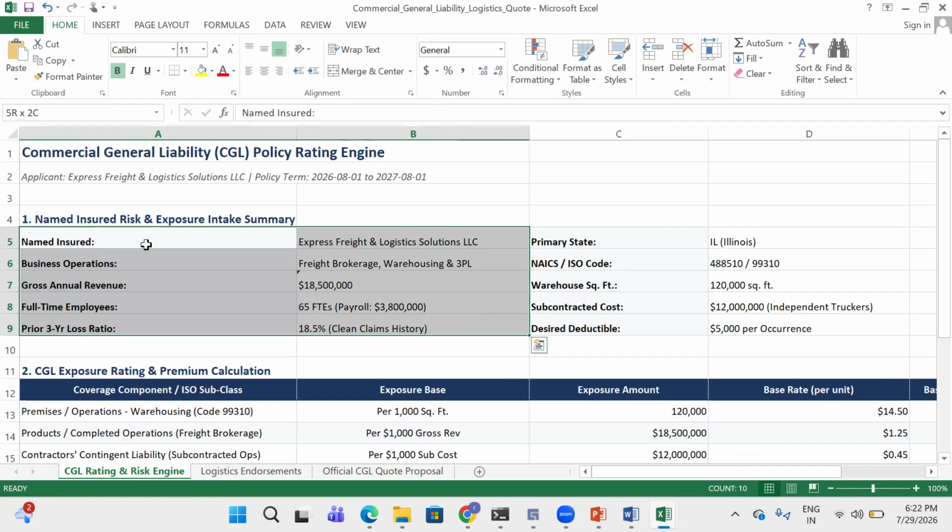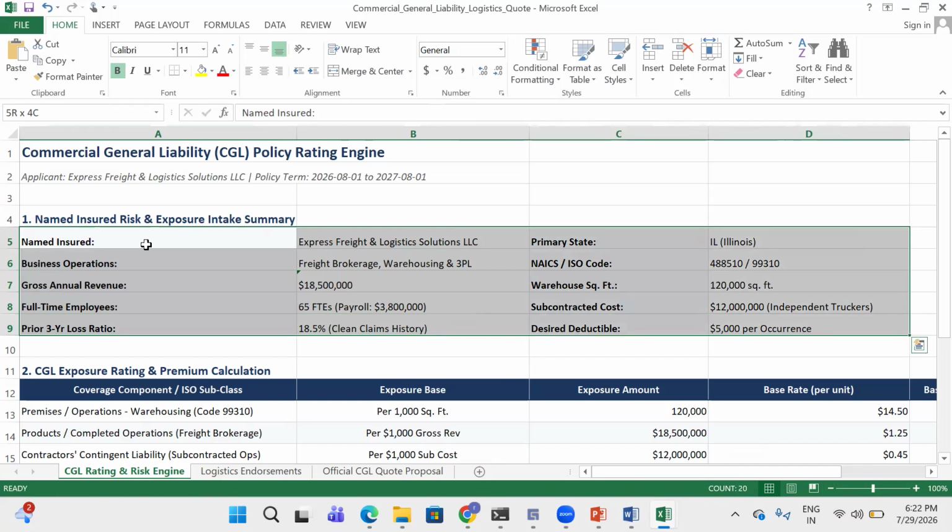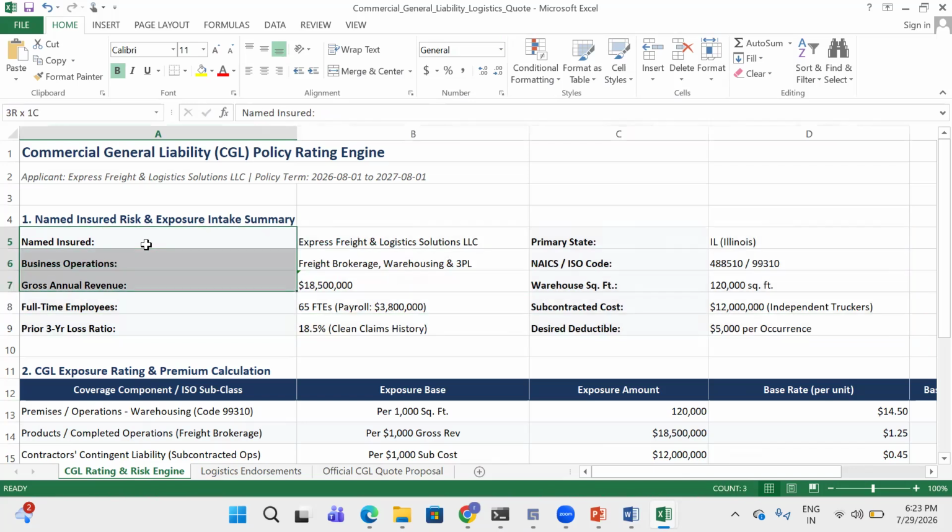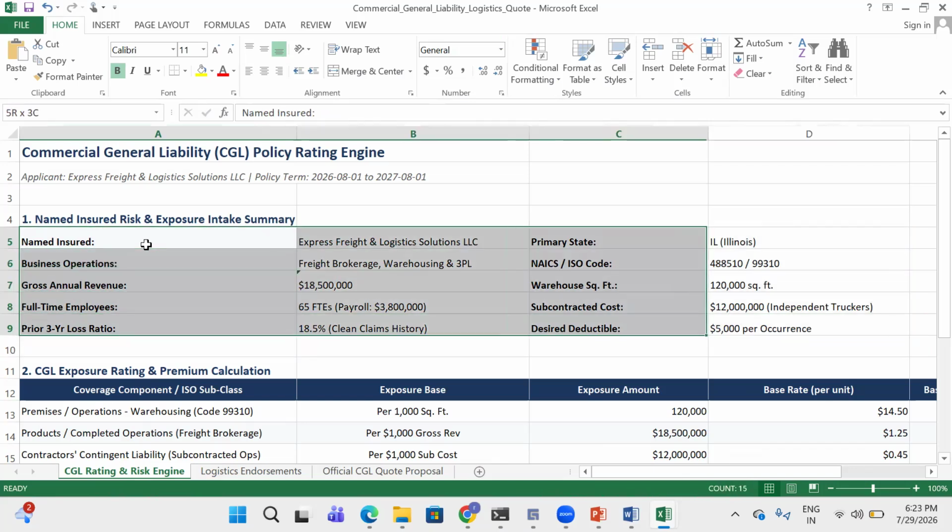And where the operations belong is mentioned here, which is the primary state, including the ISO code. And how many SFT the warehouse space consists of, including subcontract cost, followed by any desired deductibles, etc. These are the basic details for any insured risk exposure that we want to perform.